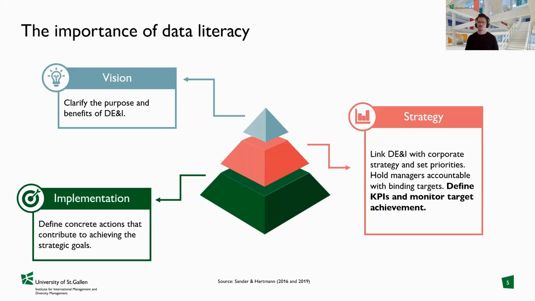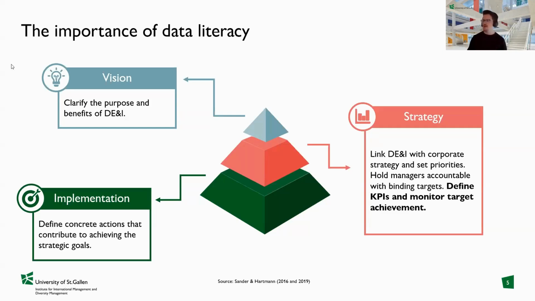In the first step, you can then define concrete actions which should help you to achieve the strategic goals in the end. Many companies that we see already have some implementations, but they usually lack the vision in general, where they want to go, or what they are hoping for from their DE&I actions.